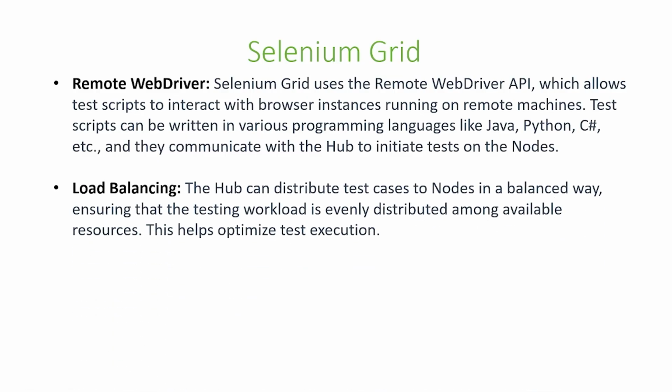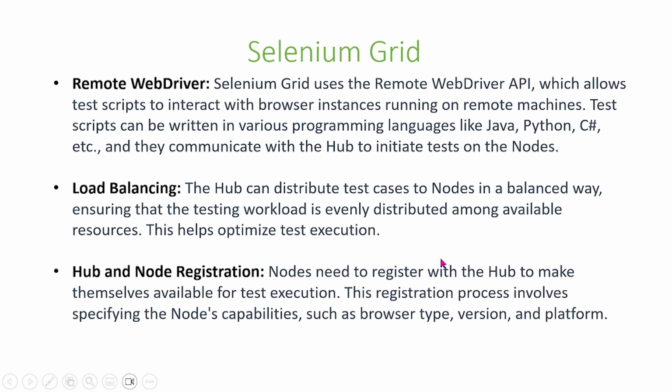Another property of Selenium Grid is load balancing. The hub can distribute test cases to nodes in a balanced way, ensuring that our testing workload is evenly distributed across all our resources, and this will further optimize our testing.